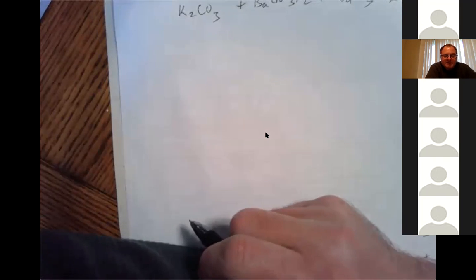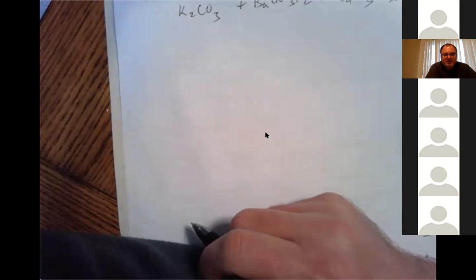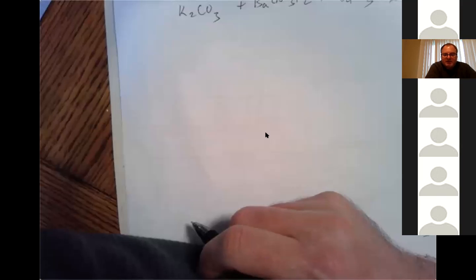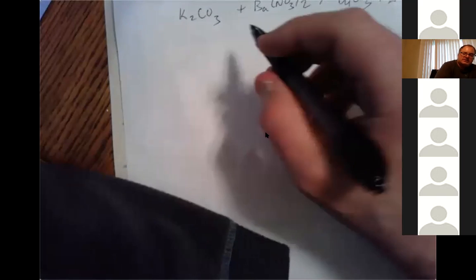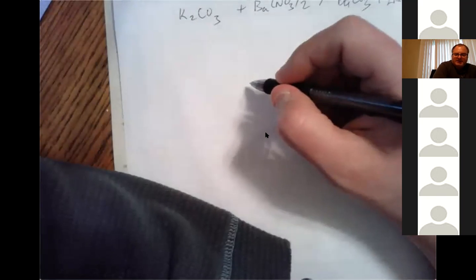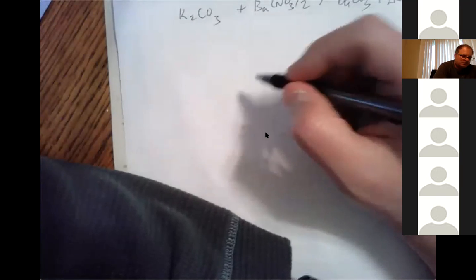So we got to figure out how much, basically what we have here is, we're looking to see how much of the barium is left over, right? So 2 things, what is the final volume of the solution? It's 50 milliliters. All right.